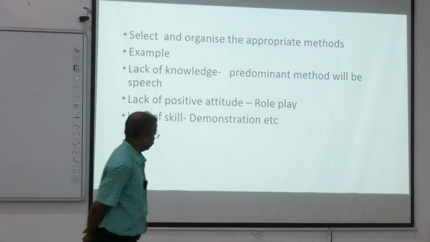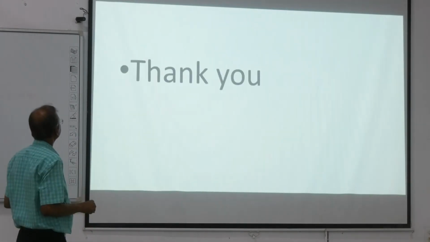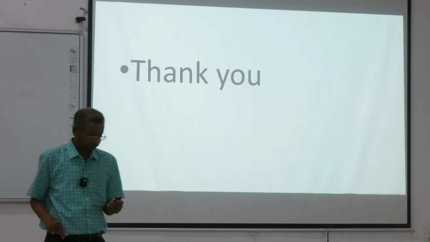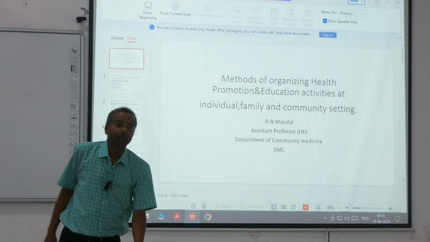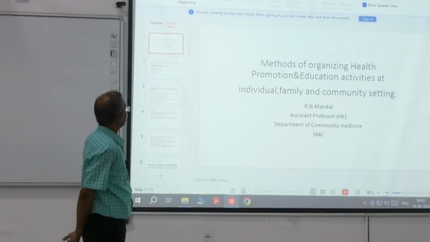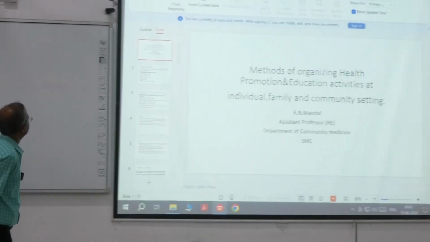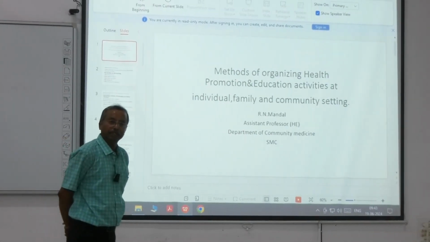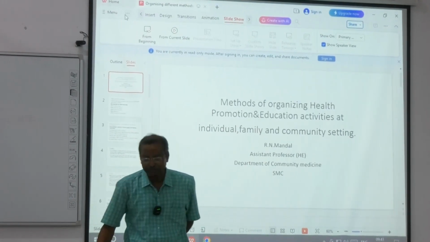So the topic is finished. I have taken 2 lectures. The second one, methods of organizing health promotion and education activities at individual, family and community setting. Is it clear? If I ask, how many approaches are there?